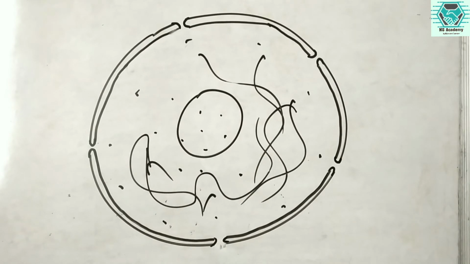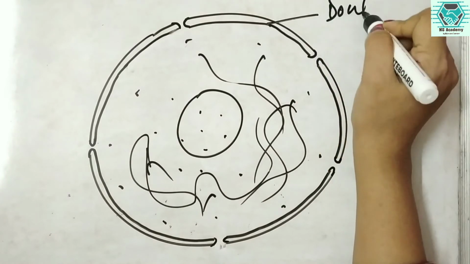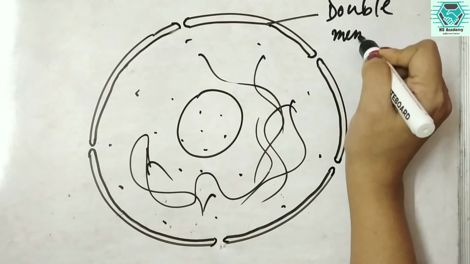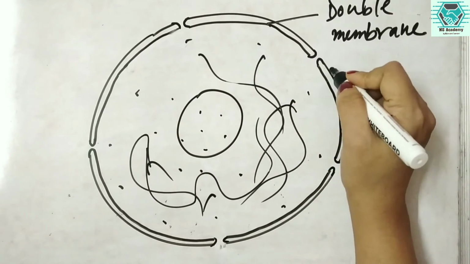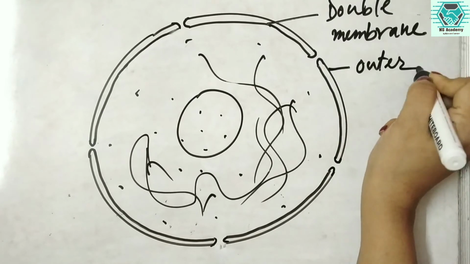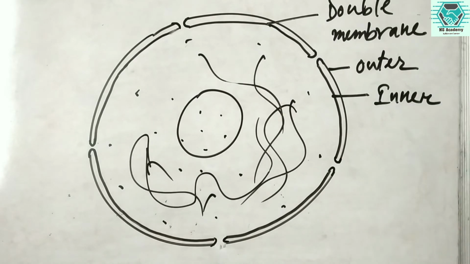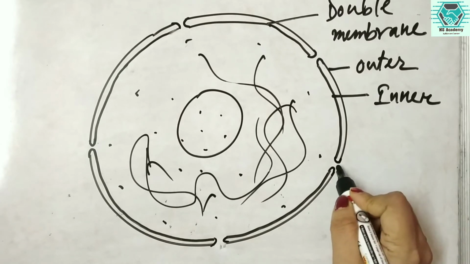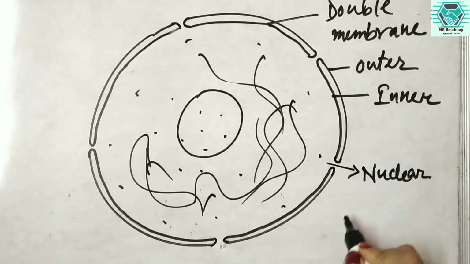So this is the diagram of the nucleus, a very simple diagram showing the double membrane. This is the outer and this one is the inner. We can see in between the membranes there are some openings which are called nuclear pores.